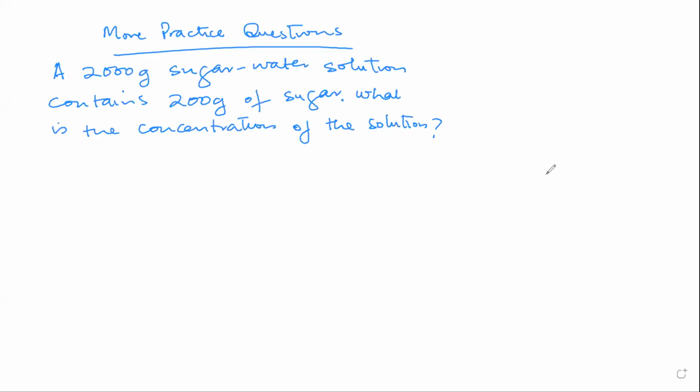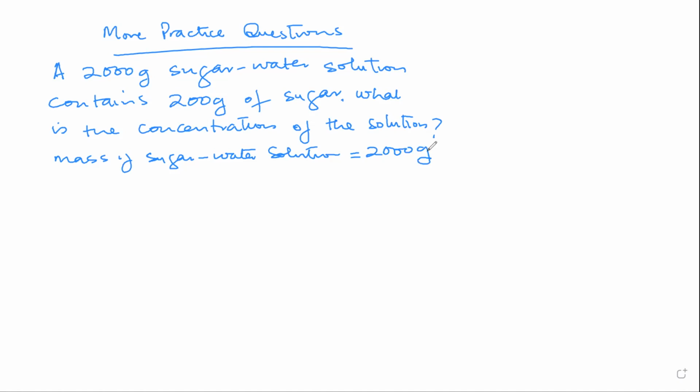Let's do the first one together. A 2000 gram sugar water solution contains 200 grams of sugar. What is the concentration of the solution? So what do we know? We know the mass of the sugar water solution is 2,000 grams.